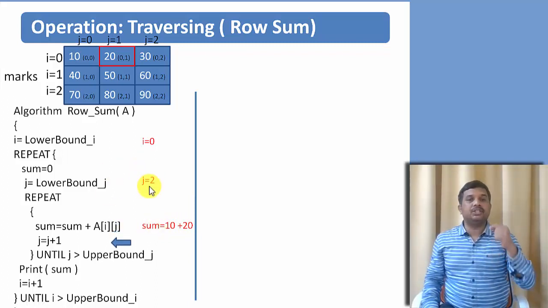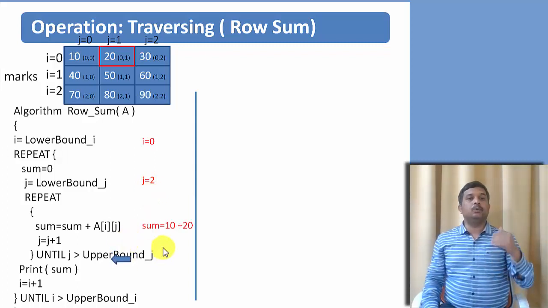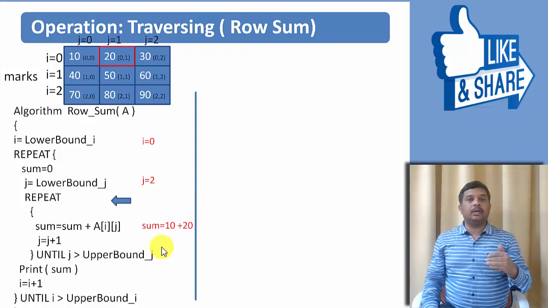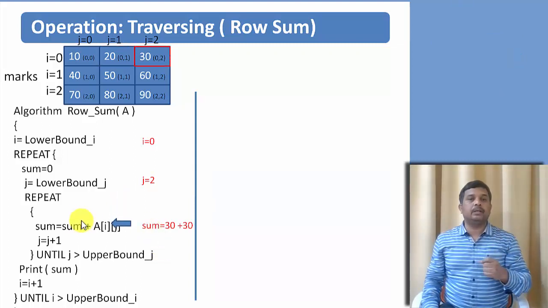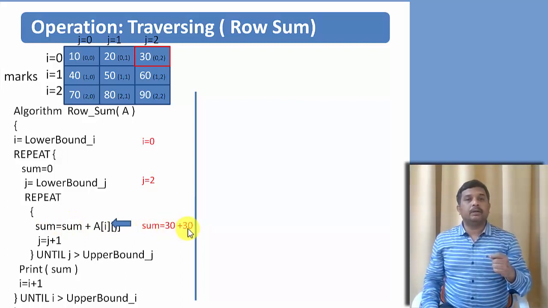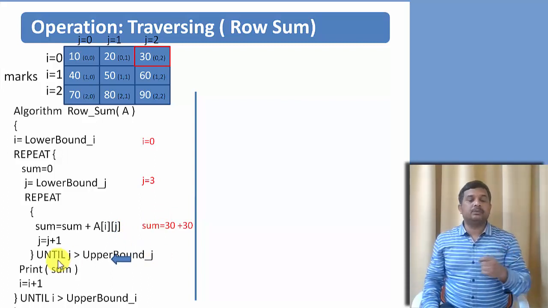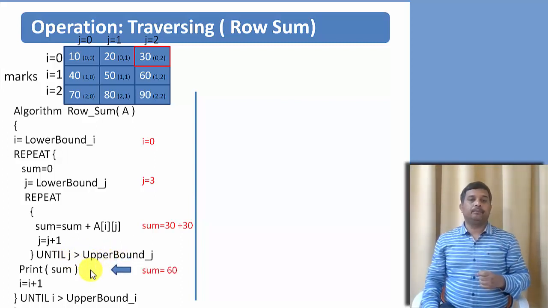We are comparing with j's upper bound and again continuing with the loop. Again we reach this place where sum equals 30 plus 30, because the a[0][2] value is 30. Now j is again incremented by 1, j becomes 3. Now it is satisfying this particular condition, that is j is greater than the upper bound. So that's why we'll be printing the value, that is 60.